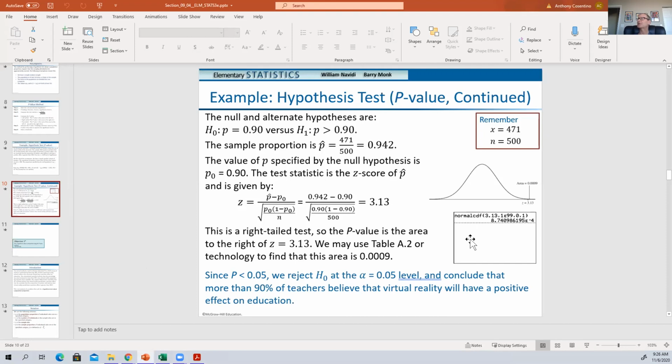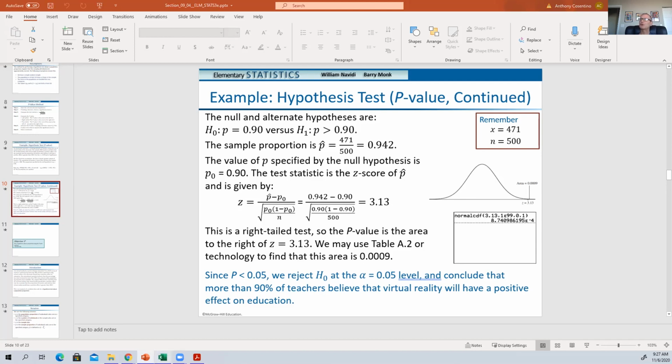And you can see here it was 0.00087 and some change. So typically, because the Z tables give you 4 decimal points, you typically round to 4 decimal points. And so you could see that value would be 0.0009. And so you could use the norm CDF function to do that.